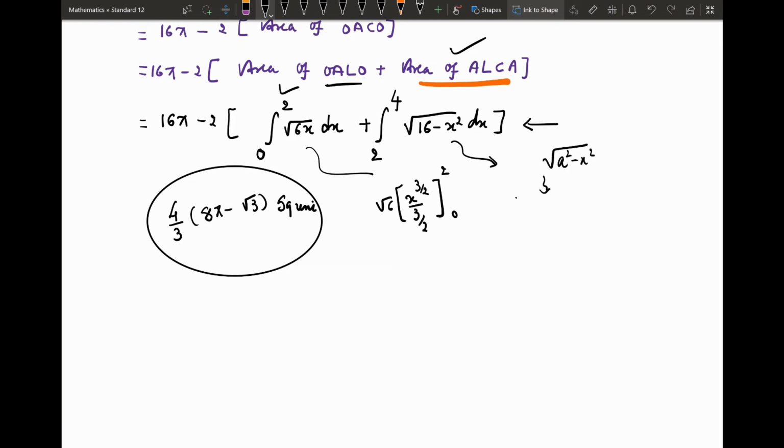According to it will be x by 2 under root 16 minus x square plus 16 by 2, a square by 2, sine inverse x by a, so x by 4.